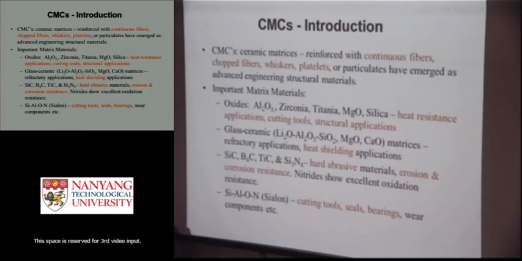Okay. So of course, different materials have different applications, right? For this one, normally oxide can be used as heat resistant materials, right? So that means this material is a heat insulator. That means a lot of furnaces and ovens use this metal oxide. Inside, the temperature can go very high, let's say 1000 degrees.